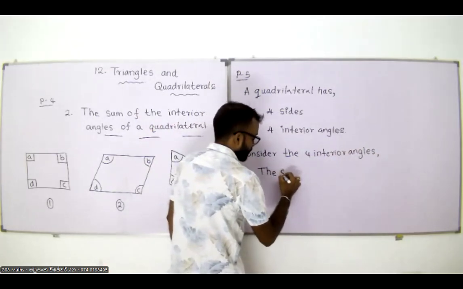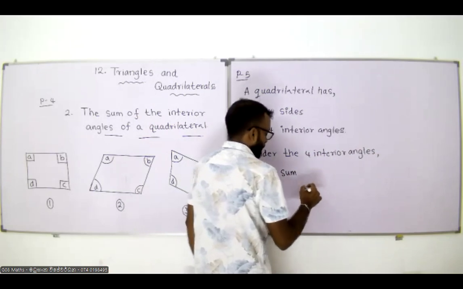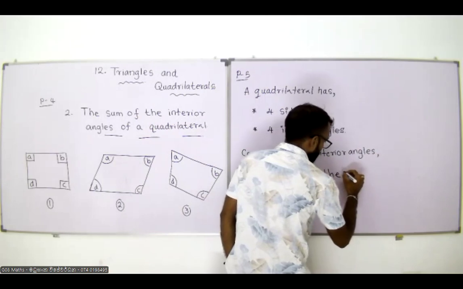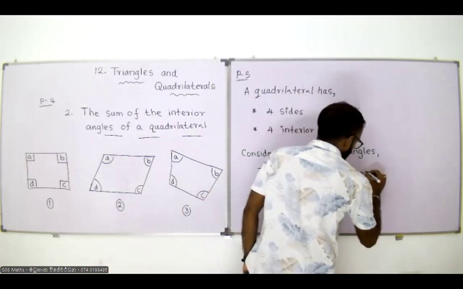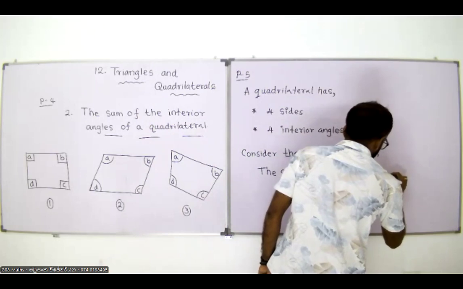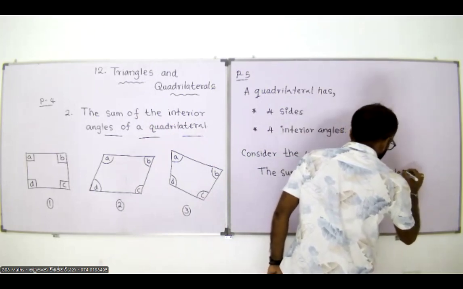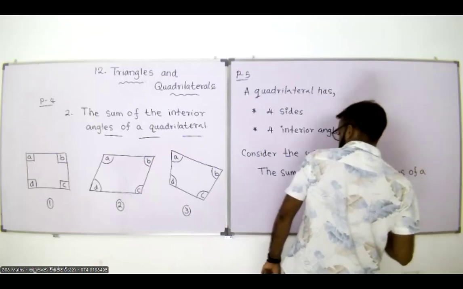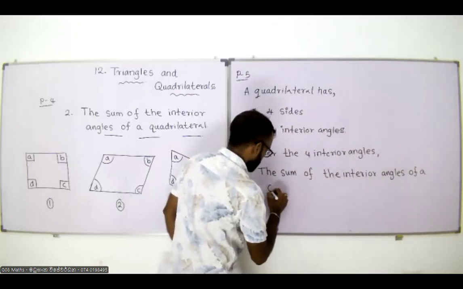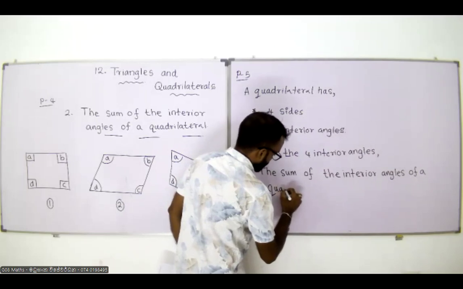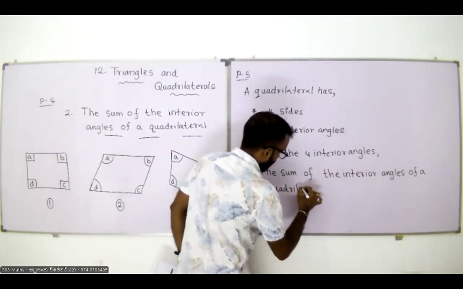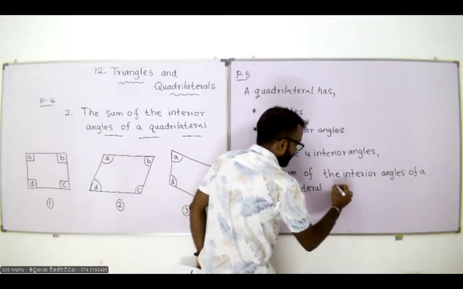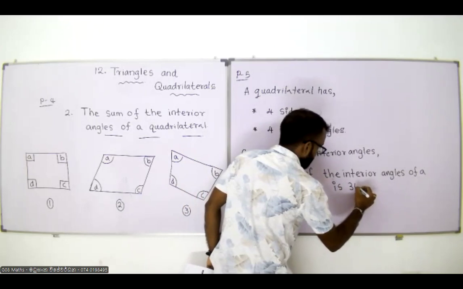The sum of the interior angles of a quadrilateral is 360 degrees.